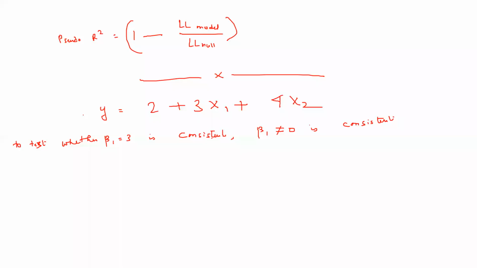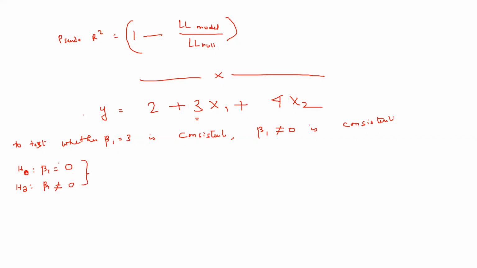That will depend on your null hypothesis. Let's say your null hypothesis is beta 1 equal to 0. You are saying, sir, I don't believe this number; in actuality, X1 and Y have no relationship. So your alternative hypothesis is this.